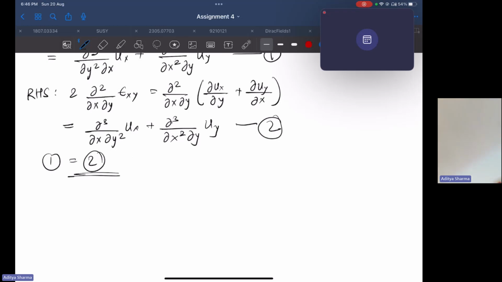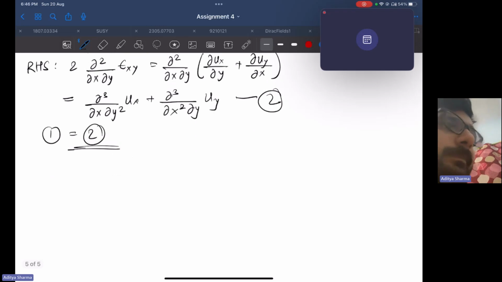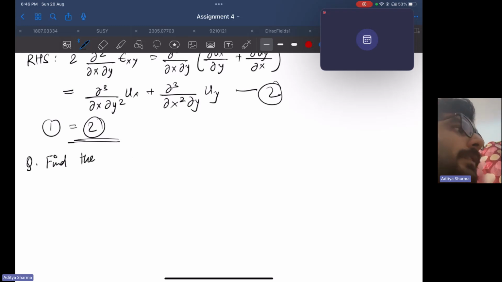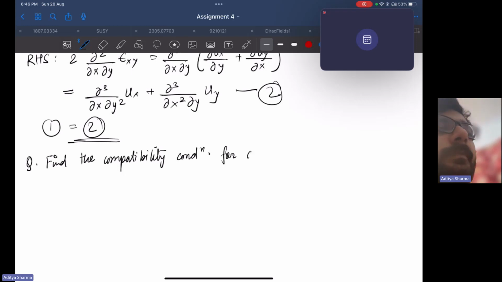Now what we want to do is let us solve for stress and strain in the case of plane strain. So the idea is, question: find the compatibility condition for a plane strain.